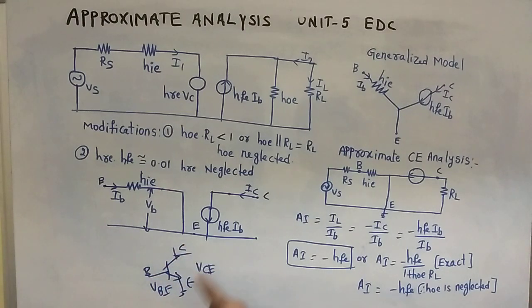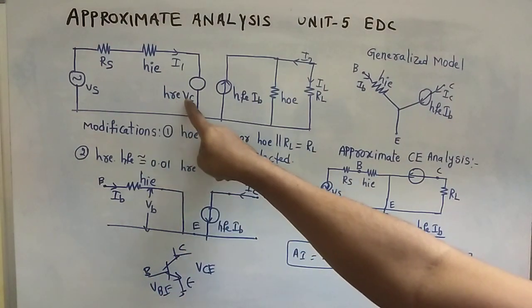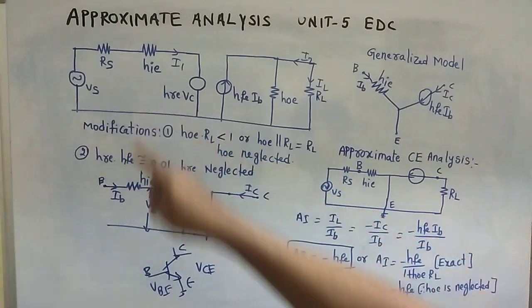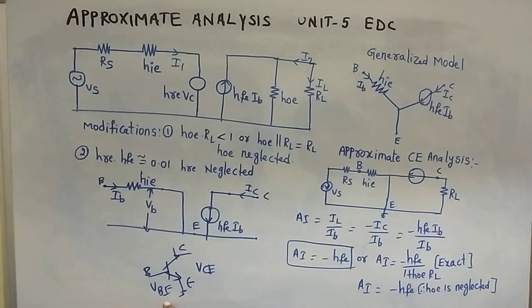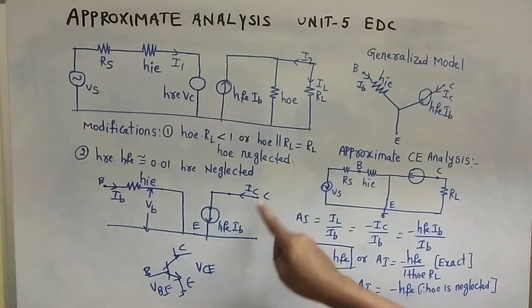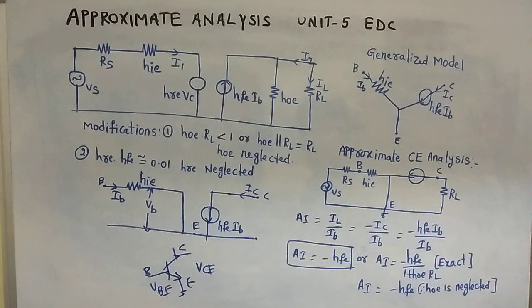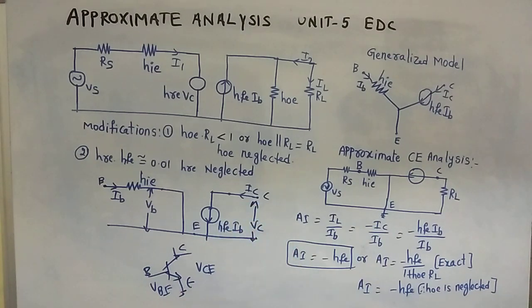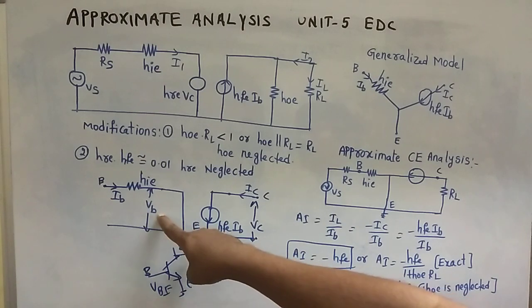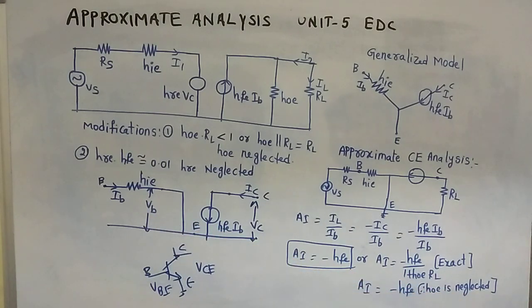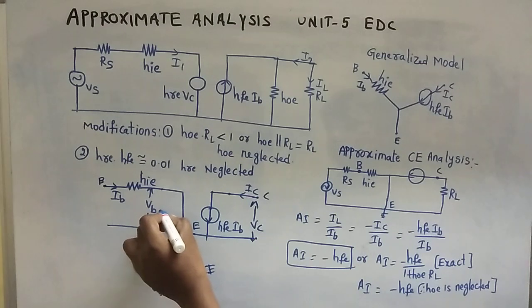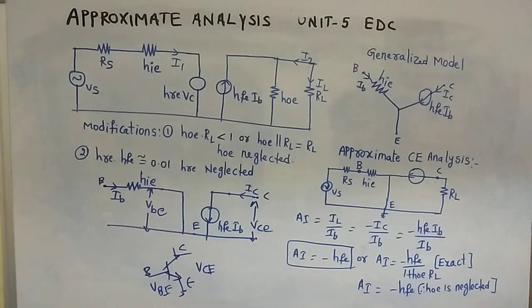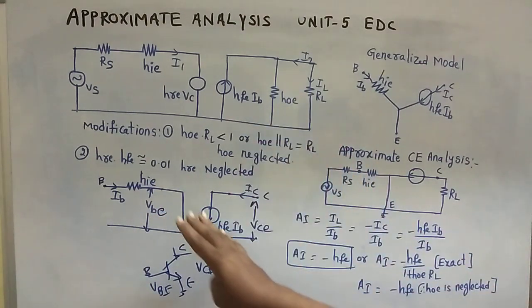Here I am taking the input voltage as VB in place of VBE, and the output voltage as VC. It may be VCE, it may be VBE. You can take any one, no problem.